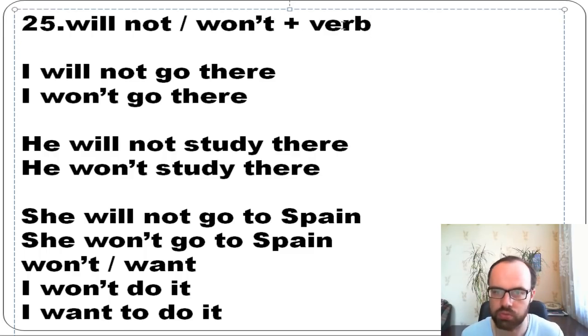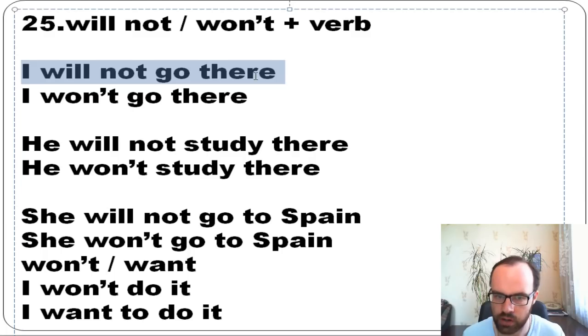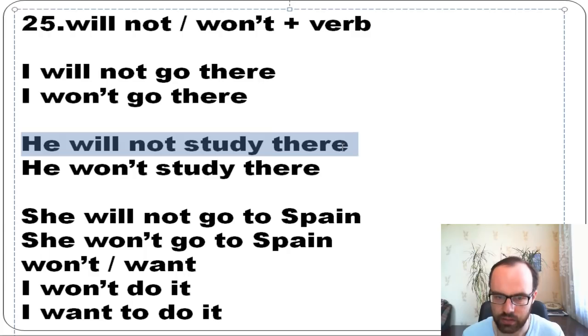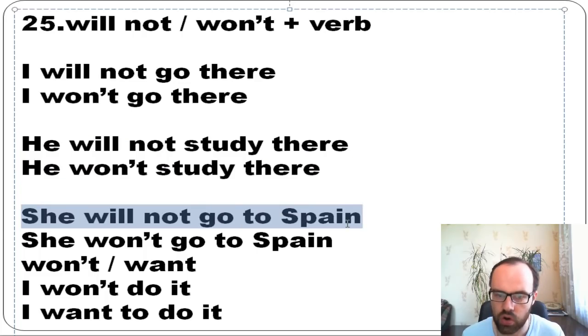So will not plus verb, or won't plus verb. I will not go there, or I won't go there. He will not study there, or he won't study there. She will not go to Spain, or she won't go to Spain.